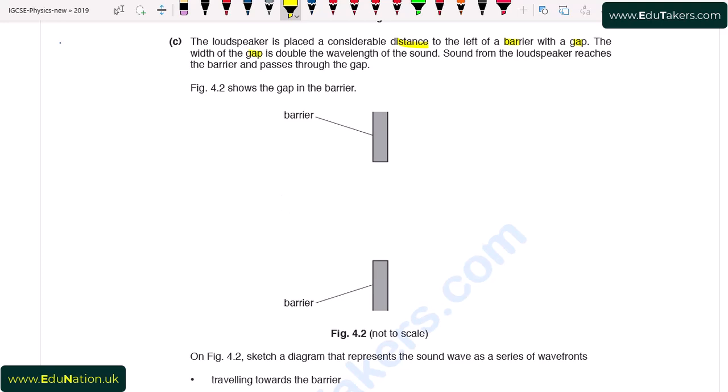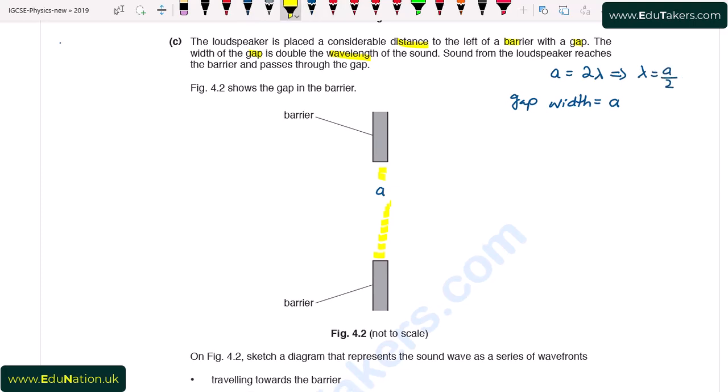So if I suppose that this is a, that is the gap width, I write here gap width. If it is equal to a, then according to this statement that the width of the gap is double the wavelength, I can write a is equal to 2 lambda. It means that the wavelength will be half of this gap.